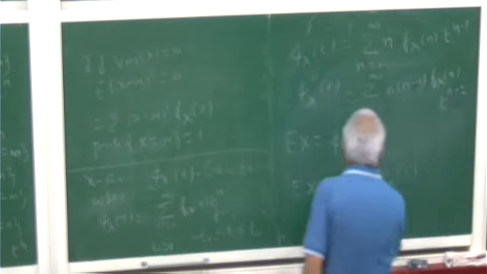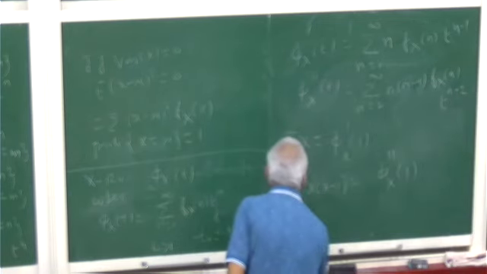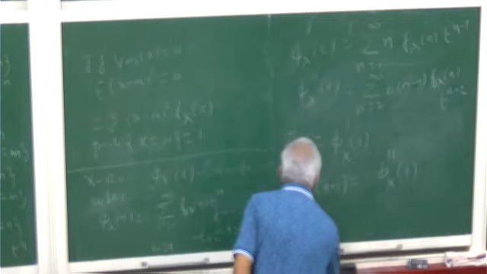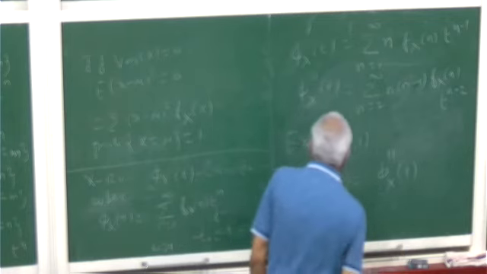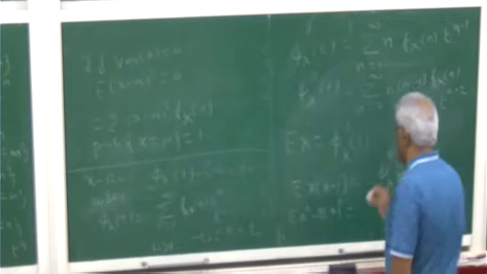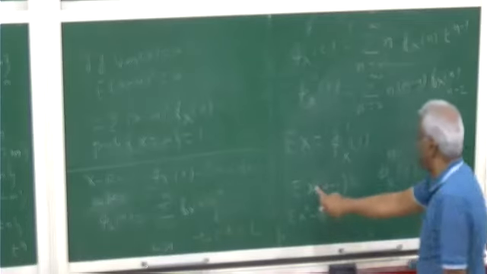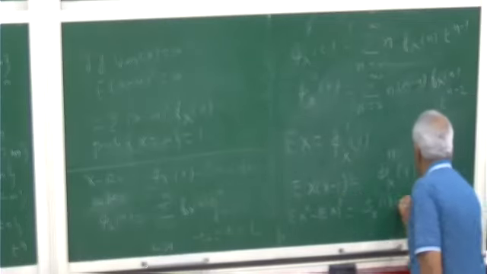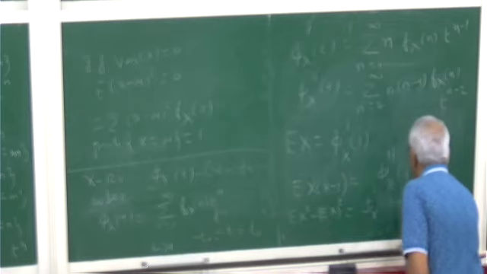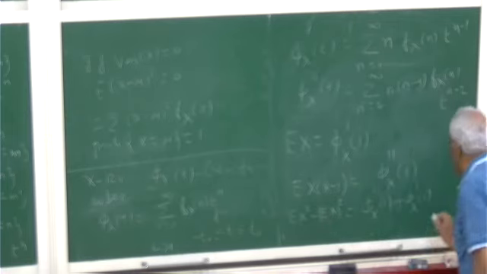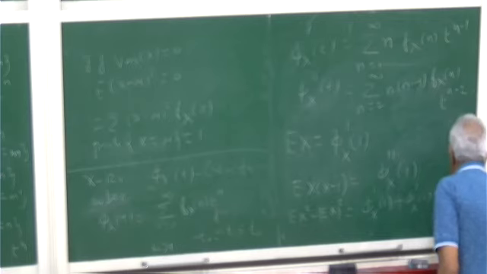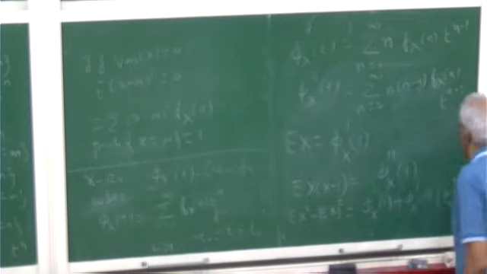These imply, from here you can get E of X square minus E of X whole square, that is equal to phi X double prime 1, that will have an E X here, so you have to add it. That is just phi X prime 1. Then E X square minus phi X prime 1 whole square.